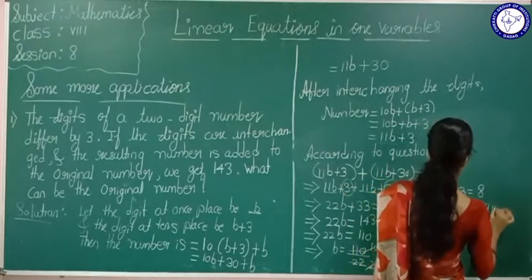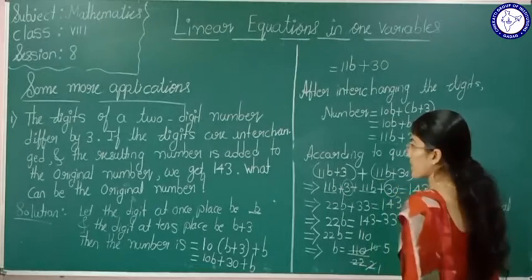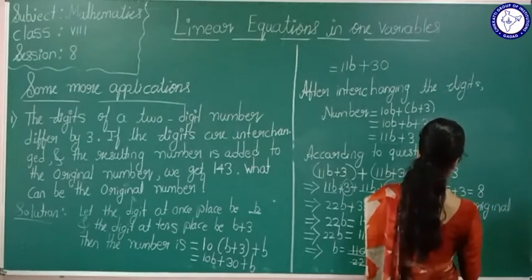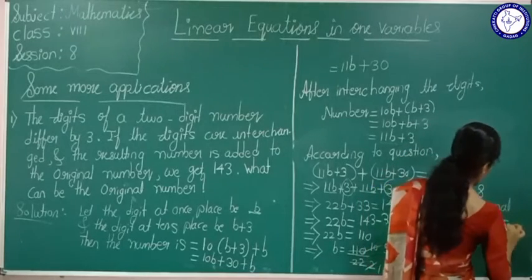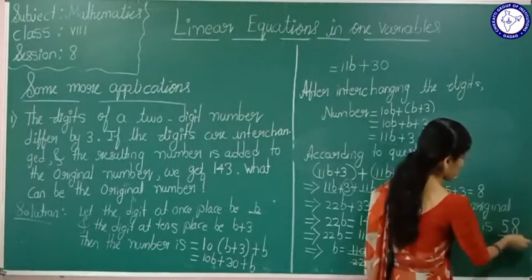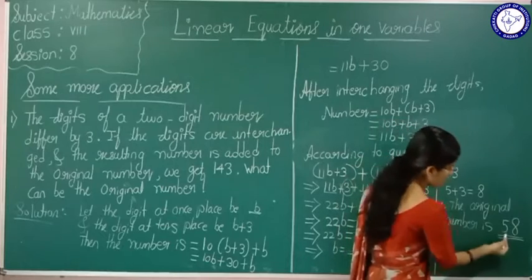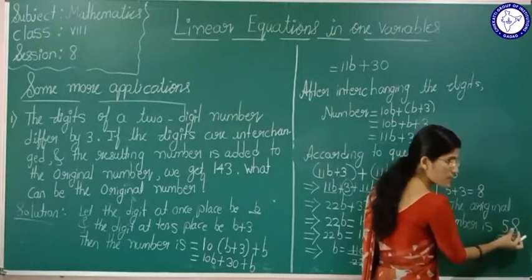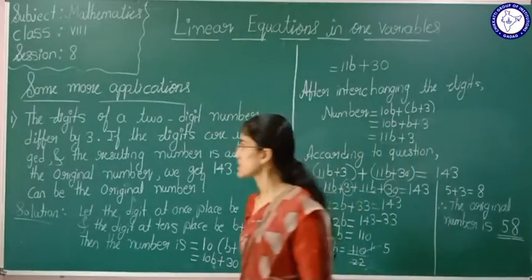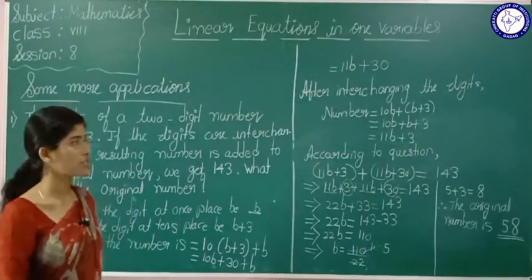Therefore the original number is 58. Yes or no? See here, the difference between these two digits is 3. Yes. So this is about the first problem.